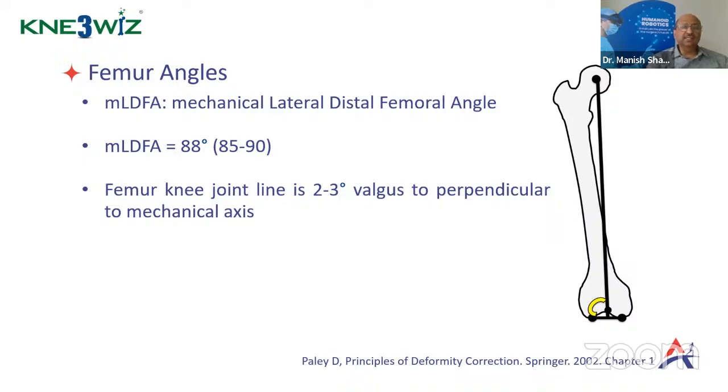The lateral distal femoral angle. The mechanical lateral distal femoral angle is 88 degrees on average, varying between 85 and 90. And as we can see, the femur knee joint line is 2 to 3 degrees of valgus to the perpendicular to the mechanical axis.